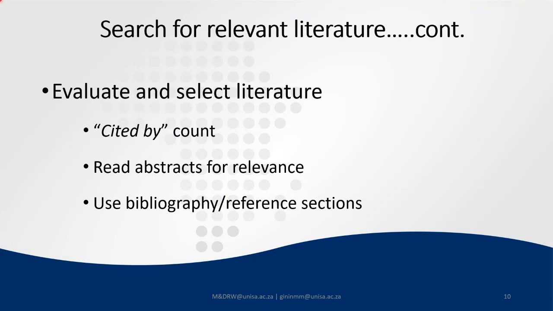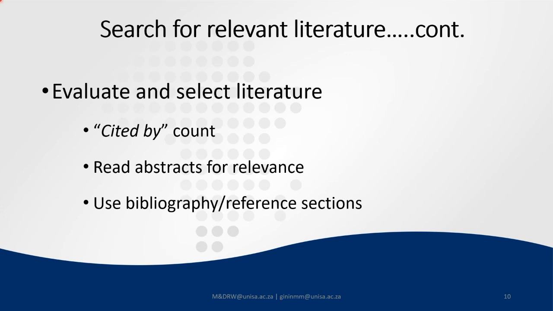So back to the slide. When you evaluate the literature or the articles that you find on Google search, you use the "cited by" count. That is one criterion that you can use. You can read the abstracts and check for relevance. You can use the bibliography or reference sections of other articles that have been published.